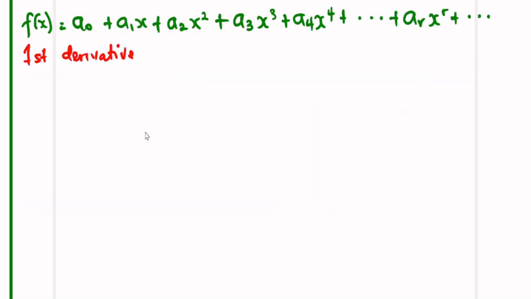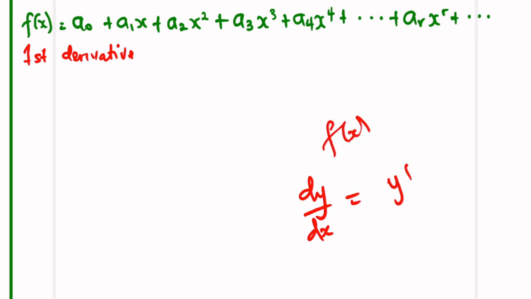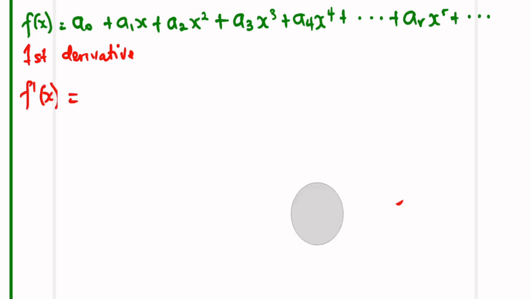So now let's start by looking for the first derivative of f of x. From the previous slide, we have that dy/dx is the differentiation of y. So we can also write this as y prime. In this case, we have f of x, so I'm going to write this as f prime of x. So f prime of x is the first derivative of the function f of x.